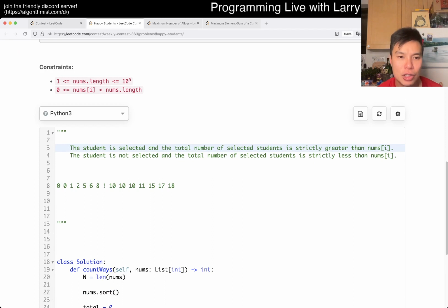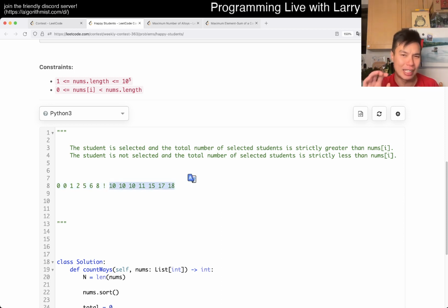Yeah, so that means that we have to select all these students, or we don't have to select all these students, but one possible way to check is that basically, if the total number of students selected is greater than this number, then that means that it's greater than all these numbers, right? And same thing, but for smaller in the other case.